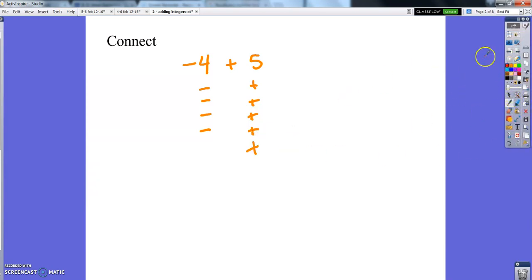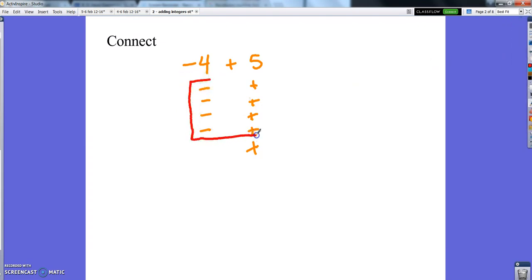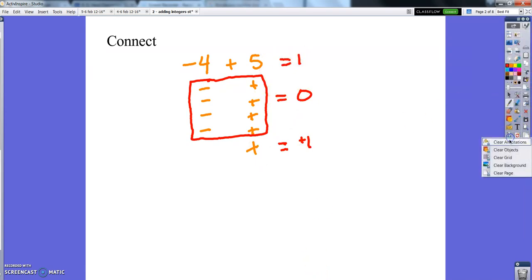And we made some opposites. I have a -4 and a +4, and when I combine those, that equals 0, and there's one +1 left over. So when I put all that together, I have a 0 and a +1, and that made +1.